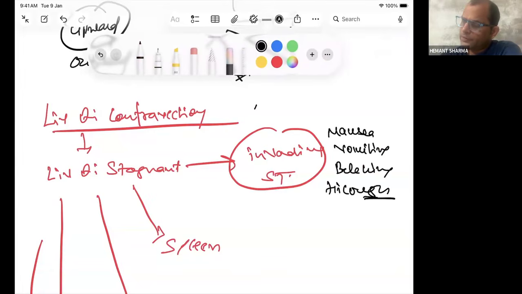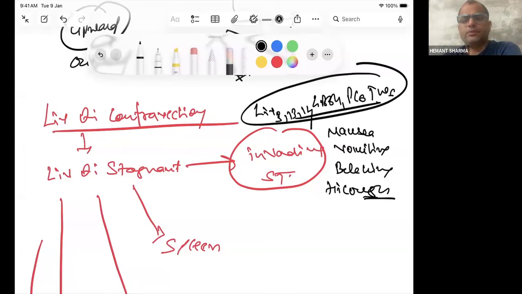Now, the treatment of liver chi stagnation: liver 3, 13, 14, gallbladder 34, pericardium 6, triple warmer 6. So we will remove the liver chi stagnation, but we will also work on the stomach.